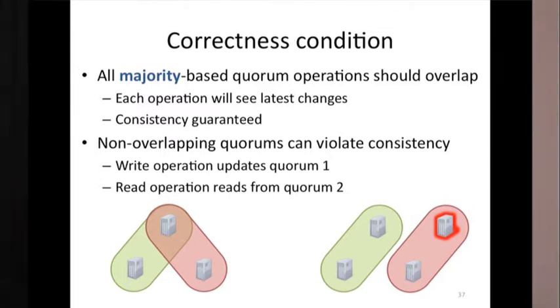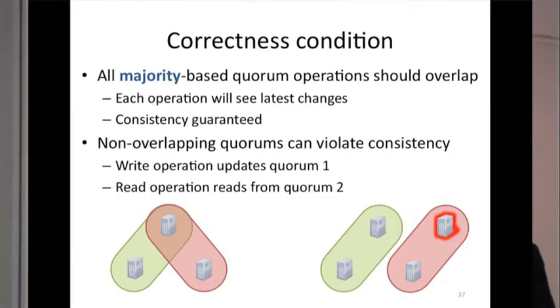Suppose someone is trying to make you think that he is also a replica of the system, but the replication degree is still 3. He falsely believes that he is a member here. Now, the quorum is still 2, so your operation might happen here, and then you can read a stale value. So the correctness condition for quorum algorithms is that all the quorums should always overlap. I will talk in a later slide about why I'm saying that.